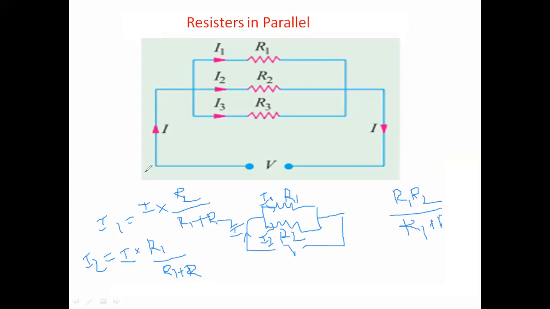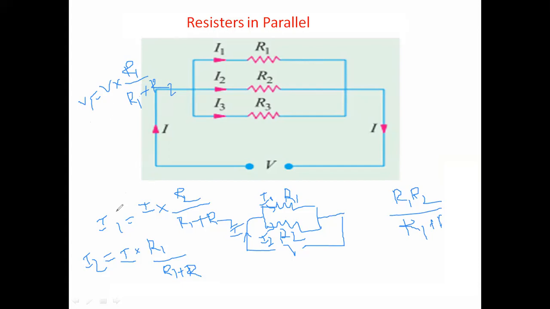So in the previous series combination, how do we find V1? V1 is equal to total voltage V into, suppose we have to find the voltage drop across resistance R1, then it is the corresponding resistance R1 by R1 plus R2. And similarly V2 is nothing but V into R2 by R1 plus R2.